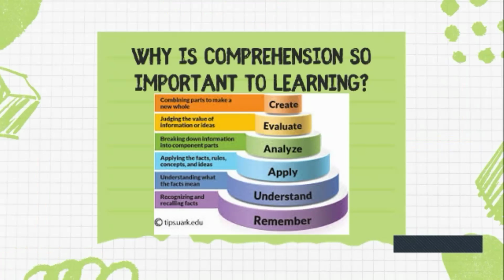So, why is comprehension so important to learning? Here's our Bloom's taxonomy again. If you were to summarize Bloom's taxonomy in one word, that word would be think. If we were to put comprehension mildly, we would also say comprehension is thinking.